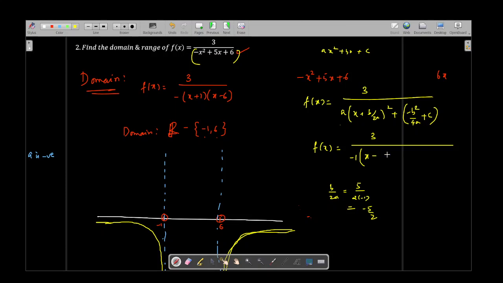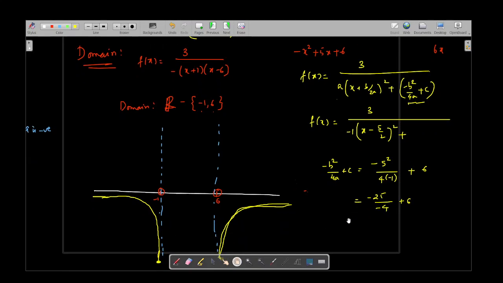So I can write this as x minus 5 by 2 whole square plus, I'll find this value, minus b square by 4a plus c. B is 5, so 5 square divided by 4 into minus 1, plus c is 6. So minus 25 divided by minus 4 plus 6, the minus and minus cancel out. 25 by 4 is 6.25, plus 6, which is 12.25.